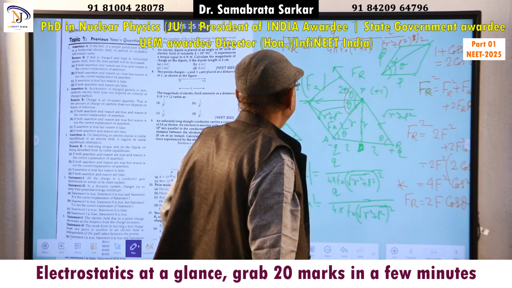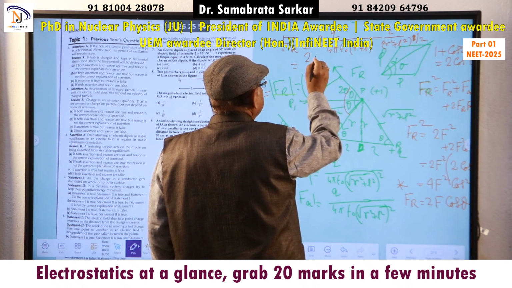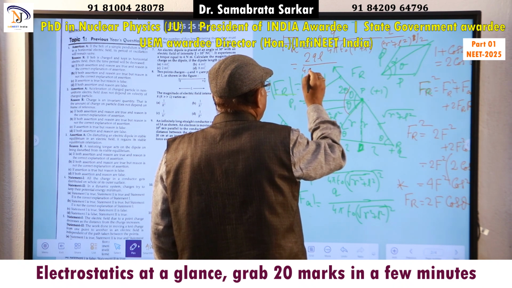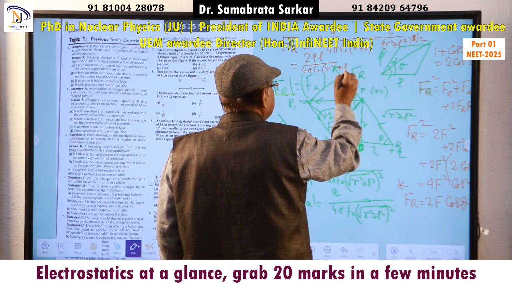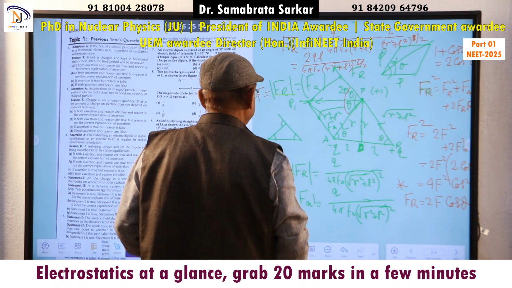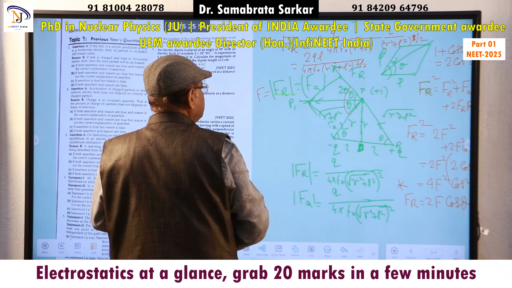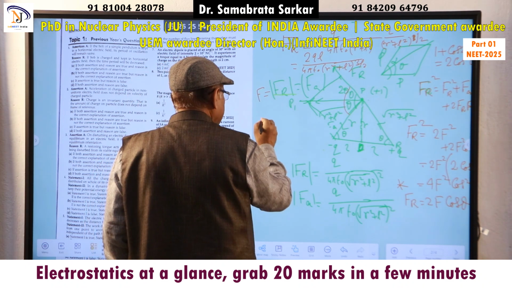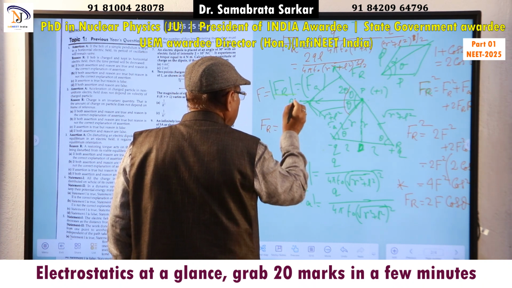Then what relation can you write? Twice q into L by 4 pi epsilon naught and r squared plus L squared to the power 3 by 2. This is a relation, and you have to remember it.